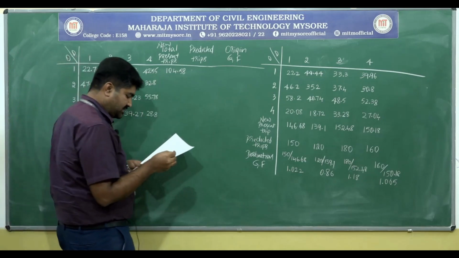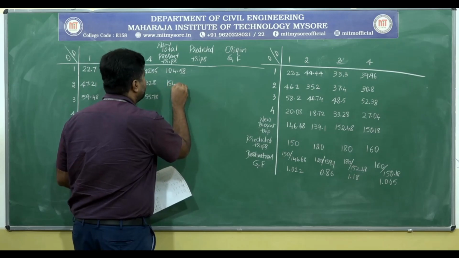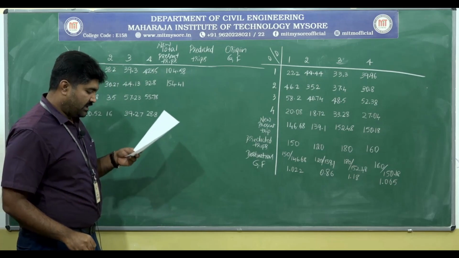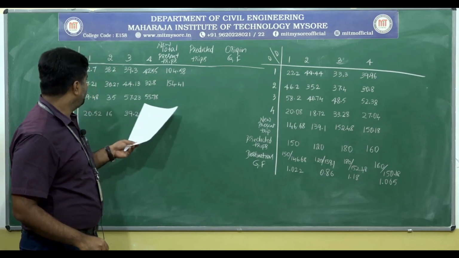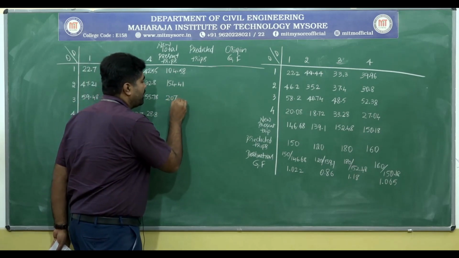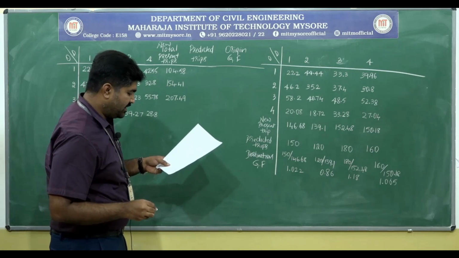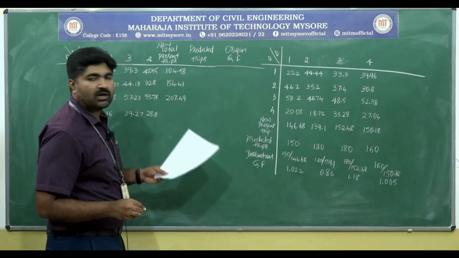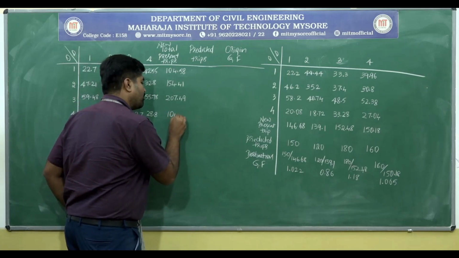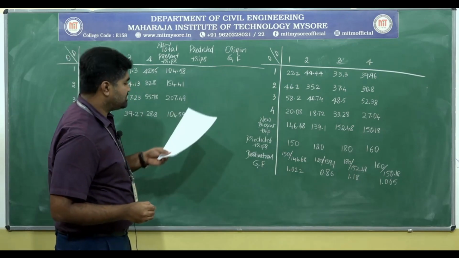Next it is 154.41. Next, by adding this row, you will get 207.49. Lastly, by adding this row, you will get 104.59. Predicted trips, that is given in the question.